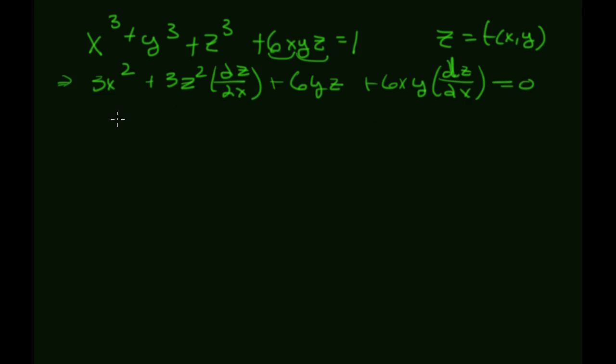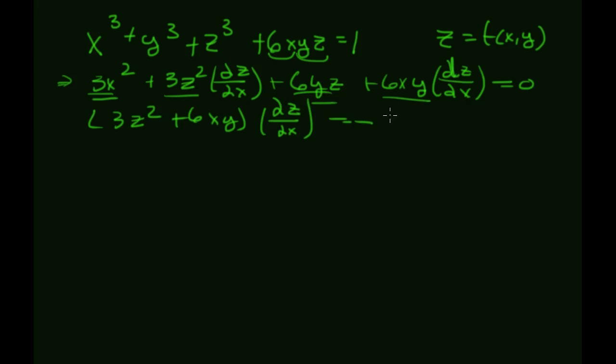Alright, so we can kind of join this up together. The two things with the partial are that and that, so that's 3z squared plus 6xy times dz dx, right? Moving these two to the other side is negative 3x squared minus 6yz.